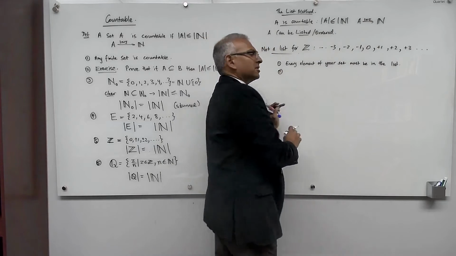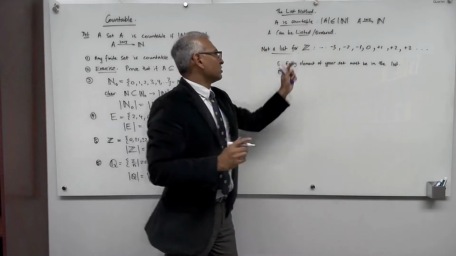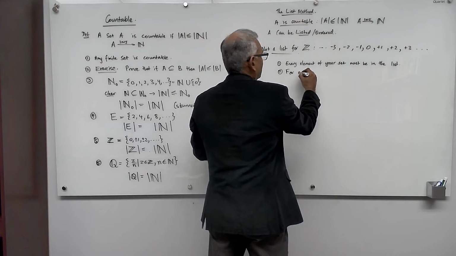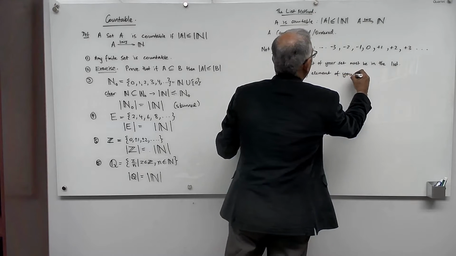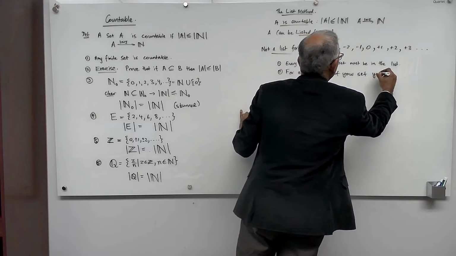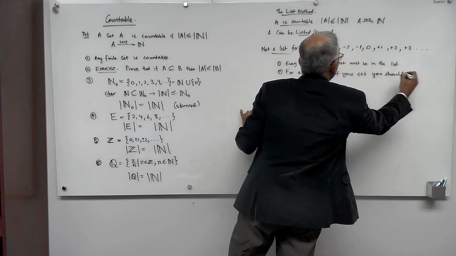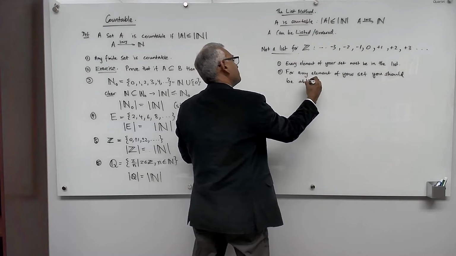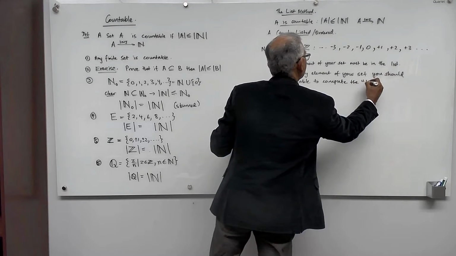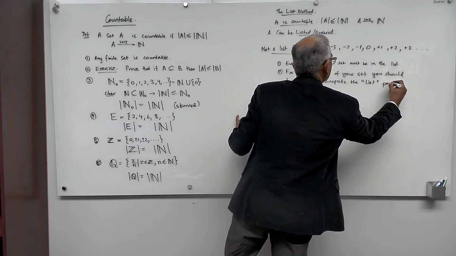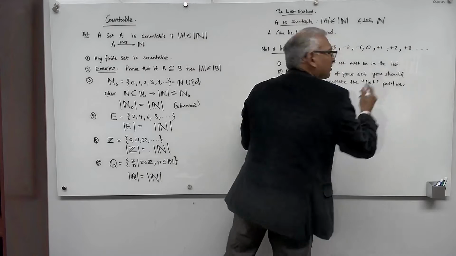The second property is that for any arbitrary element of your set, you should be able to compute the list position without any problems.